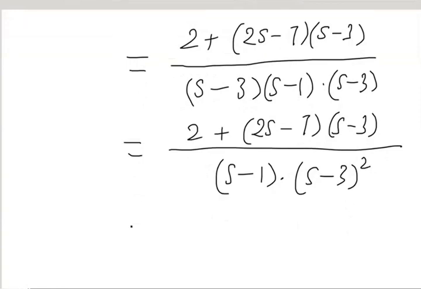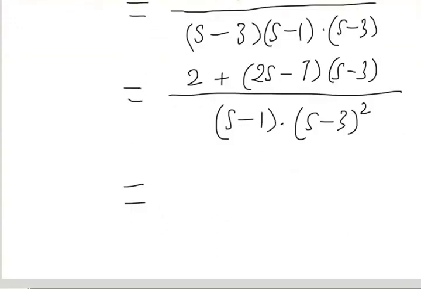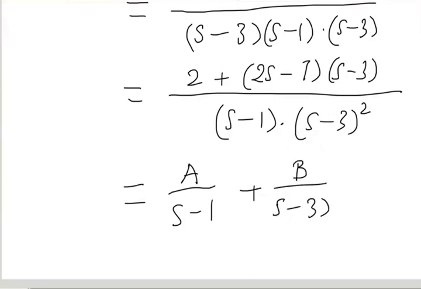Now, let's do partial fractions. Let me just do it right here as well to save me some writing. The partial fraction will have the form A over s minus 1, plus, for s minus 3 squared, we need to have B over s minus 3 squared plus C over s minus 3.